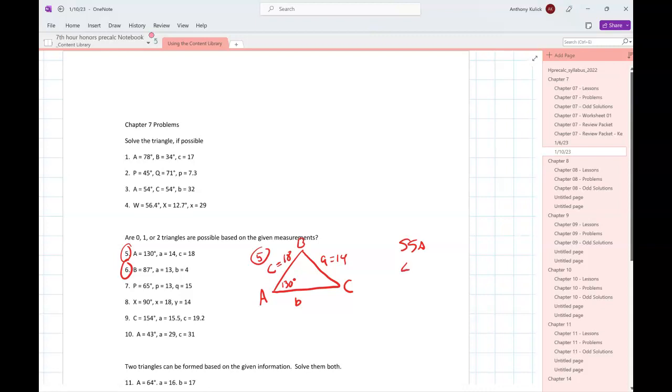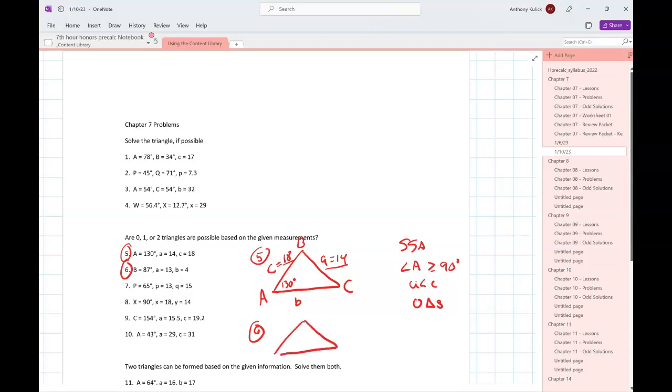I notice that my given angle is not acute. So what I need to check is that the longest side is opposite the biggest angle. Uh-oh, it's not, right? So that tells me 0 triangles are possible because the hypotenuse is in the wrong spot.